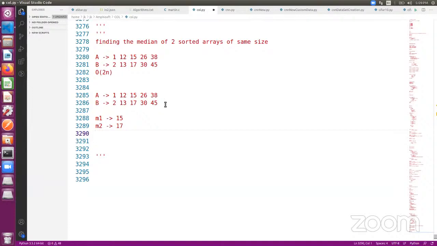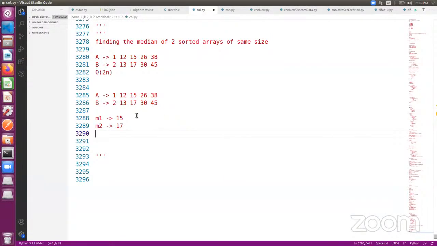Are you able to understand this? Why? Because M1 is less than M2, which is 17. So we can concentrate only on the items from 15 to the last in A, and from the first of B to 17. We have found a threshold: less than this it is not possible, and likewise greater than this it is not possible.